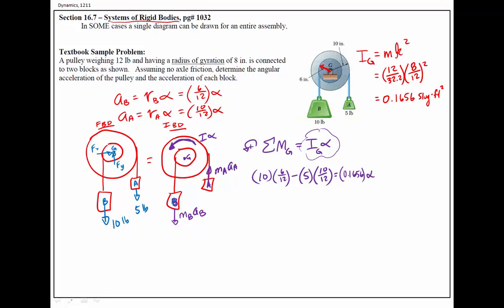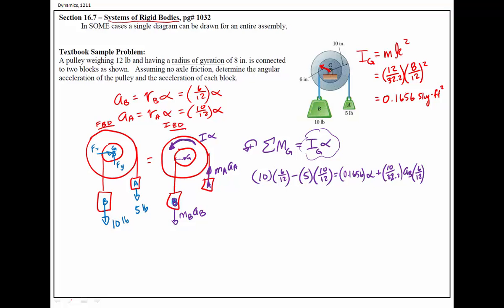In other words, in the positive, because it's going counterclockwise, mass of B, which is going to be 10 divided by 32.2, times the acceleration, AB, is going to be acting with a moment arm of 6 divided by 12.